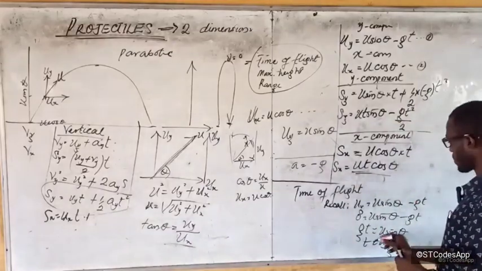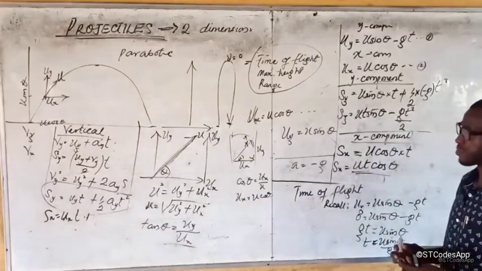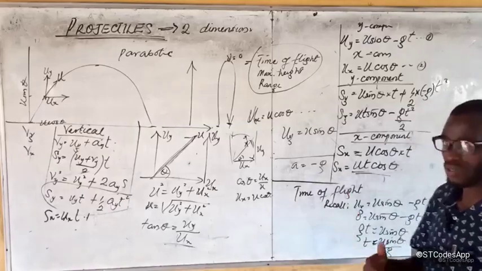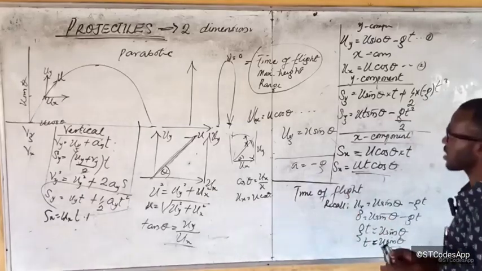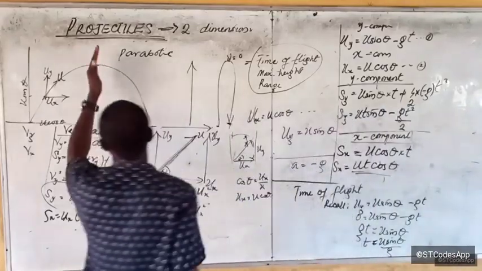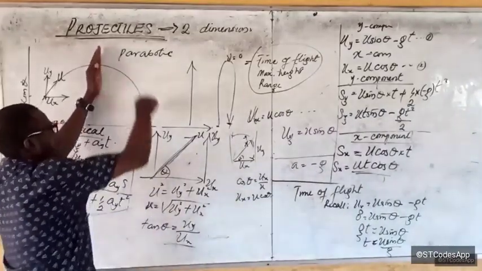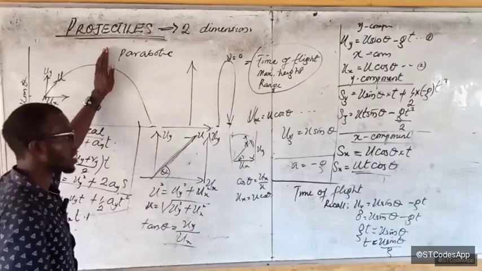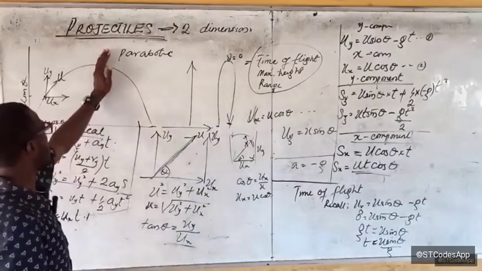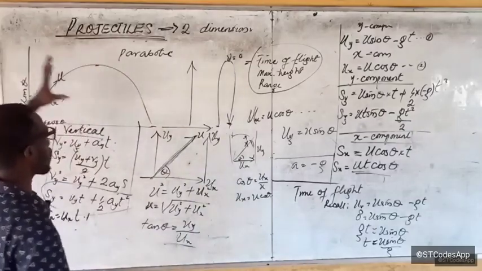So what would therefore be the maximum height? Since the time it took to get to the maximum height will be equal to the time it will take to get back to the point of displacement, it means that it will be what happened here plus what happened here.